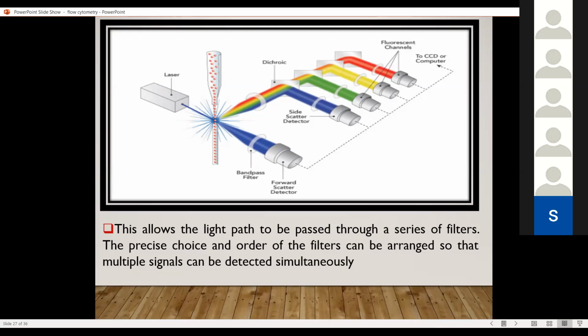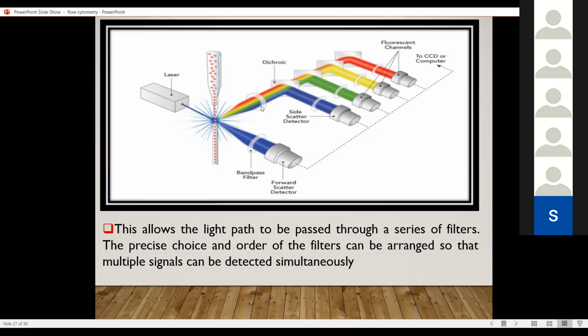Another scattering which occurs here is the side scattering. So here is a dichroic. These four are the dichroic filters. This is also a band pass filter, which allows light to pass in a range of wavelength, but afterwards comes a dichroic filter.